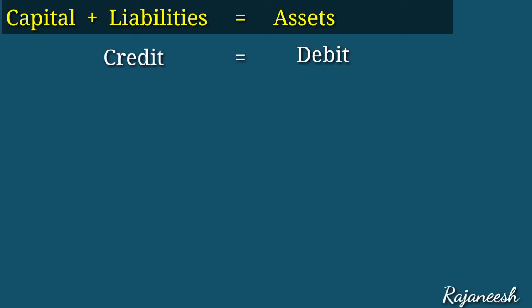Okay. In this debit nature, sometimes the debit nature will increase. When the debit nature of an asset is increasing, at that time we should debit the asset. Sometimes the debit nature will decrease. That time we will credit the asset.